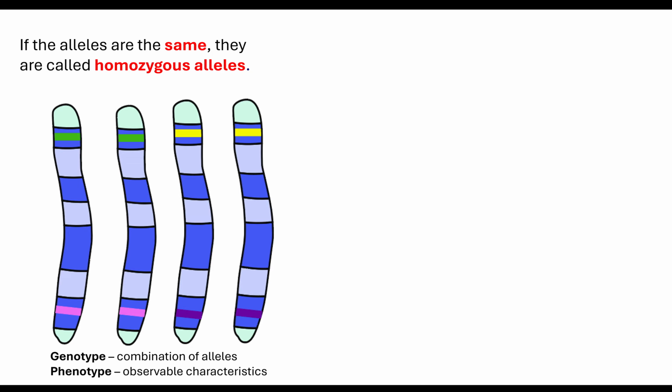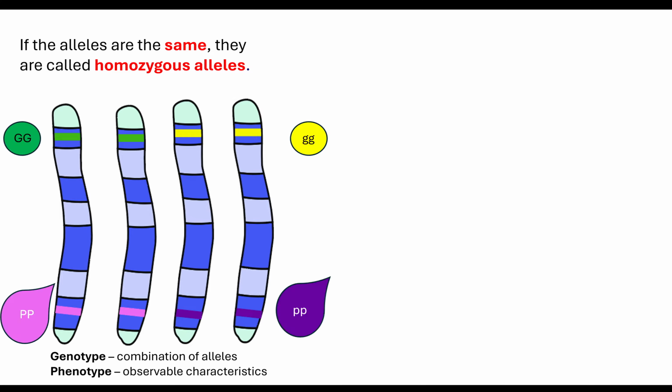So when we look at the alleles, we know that we have the dominant allele and the recessive allele. If we have two alleles which are the same, they are called homozygous alleles. So here you can see I have two which are green and two which are yellow when we look at the seed color. So the genotype, the combination of alleles, for the ones on the left would be capital G, capital G, and the phenotype, the observable characteristic, would be green seeds.